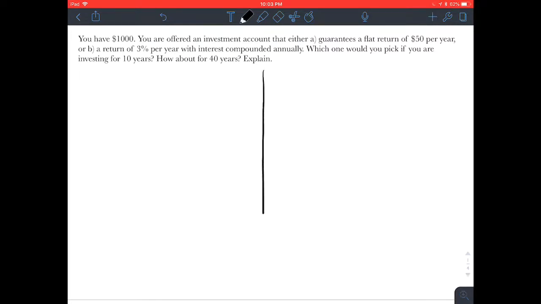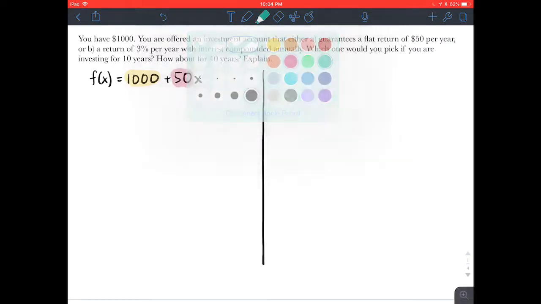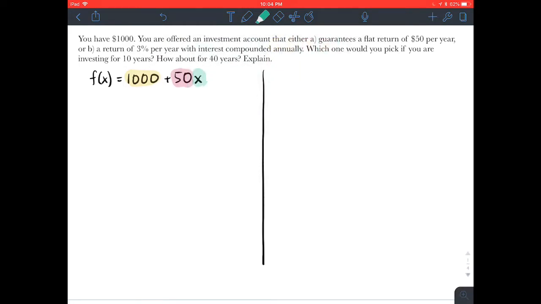The first function is a linear function. f of x equals 1,000, which is the initial investment, plus a constant return of $50 per year. So we have our initial investment, 1,000, plus $50, which is the annual return, times x, which is the number of years.